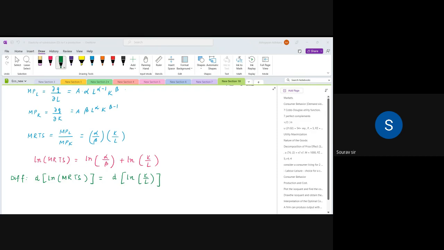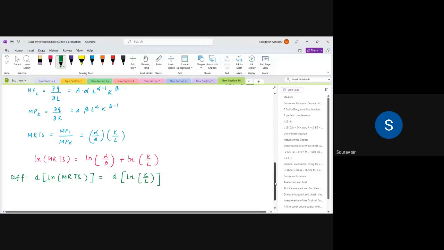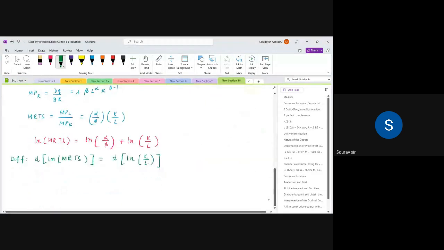Now if you look at the definition of elasticity of substitution, the K by L derivative is in the numerator and this one is below. So bring this down: d of log K by L divided by d of log MRTS.